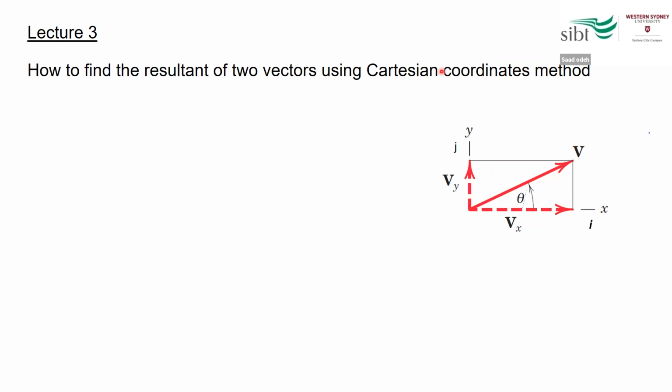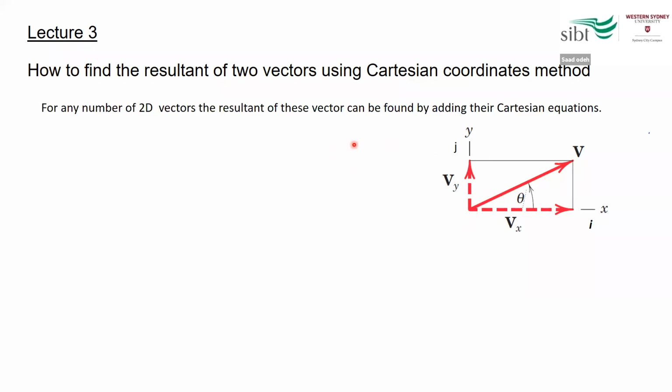In lecture 3, we use a third method of finding the resultant force of two vectors, which is what we call the Cartesian coordinates method. In the Cartesian coordinate method, we give the x-axis i, simple, and the vector along the y-axis, we give it j, simple. And then we can represent the vector v by these two Cartesian coordinates.